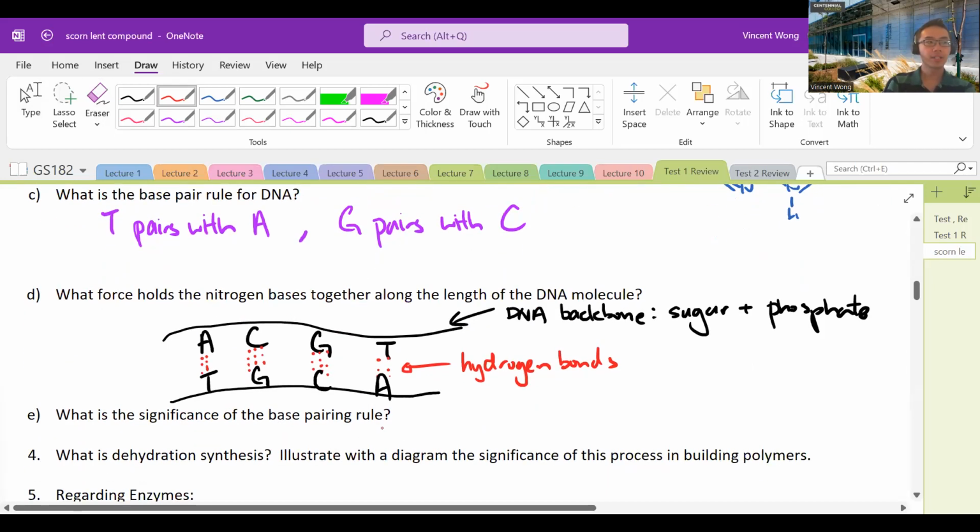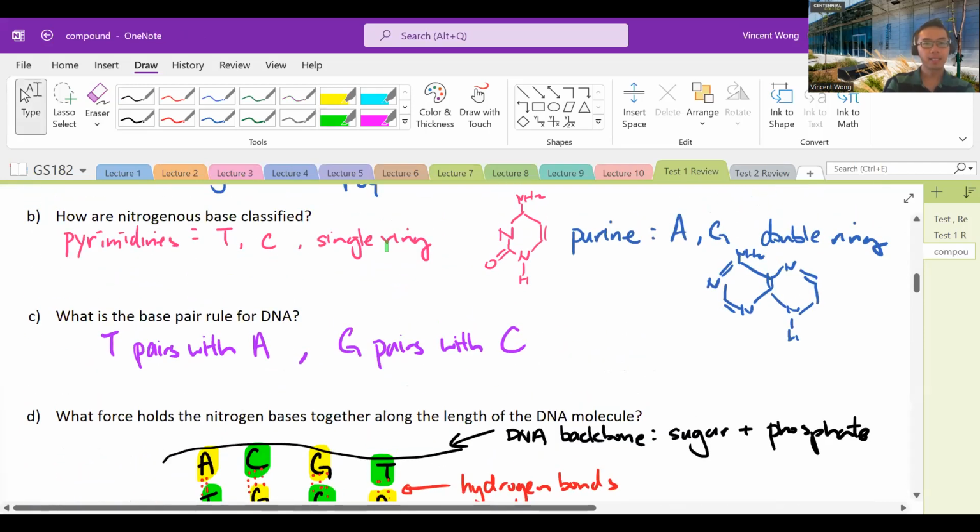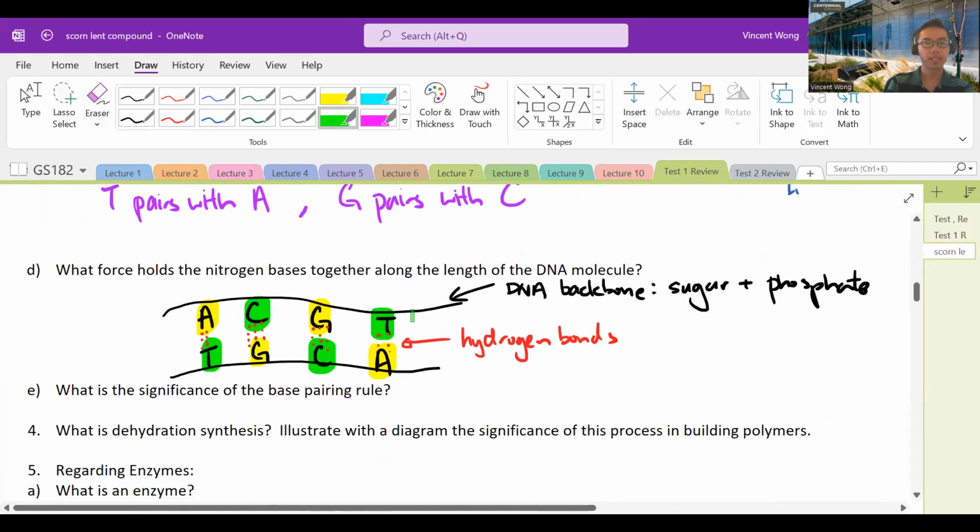So what's the significance of the base pairing rule? Well, if you remember, the A and G are purines, and the C and the T are pyrimidines, right? So pyrimidines have a single ring, whereas the purine has a double ring.